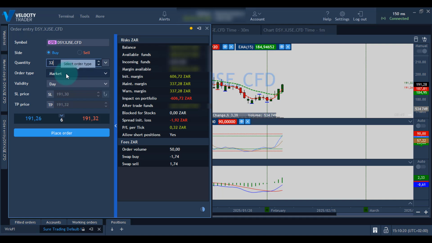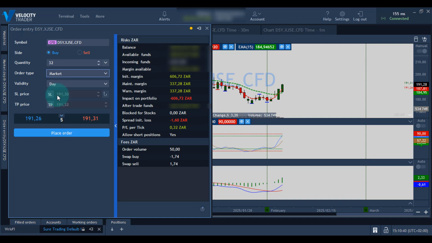Because I wanted to get into the trade immediately, I say market. There are other options, but they're not going to trigger the trade immediately, so I'm going to go with market. Stop loss and take profit, we are going to adjust manually on the chart once we've placed the order.